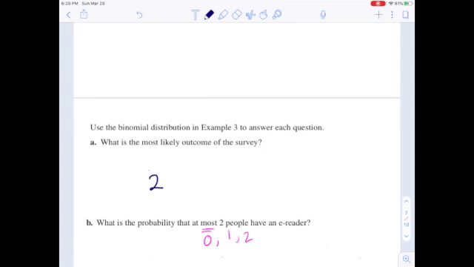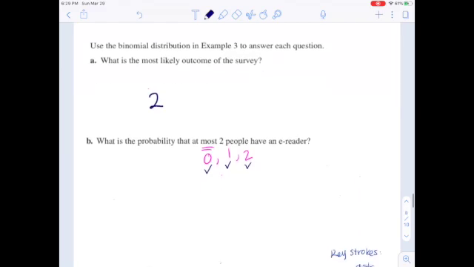What does at most mean? You could have no people with an e-reader, 0, or only 1 person having an e-reader, or at most 2 people having an e-reader. So we want to take a look at what those probabilities are.